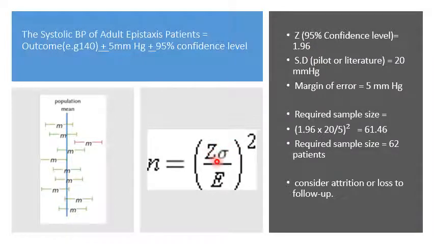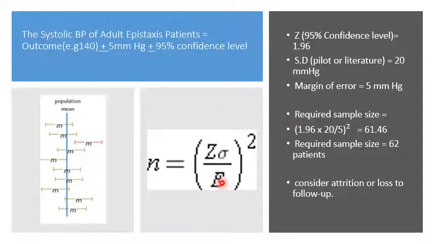The variability of the systolic blood pressure in epistaxis patients or in patients in general, known from the literature or from pilot studies, would be somewhere around 20 millimeters of mercury. So we'll plug this in here. And the margin of error that we want to allow would be, say, 5 millimeters of mercury. We set up this level as well.